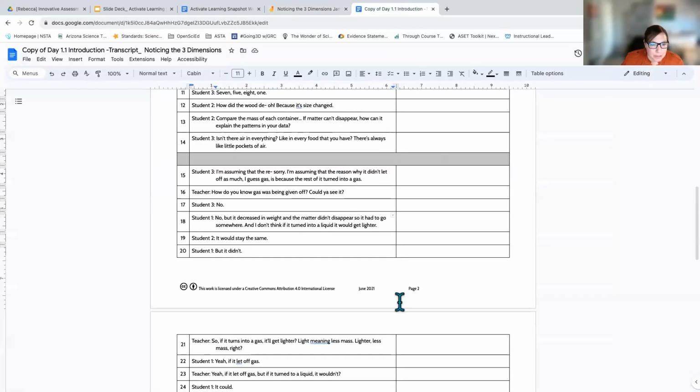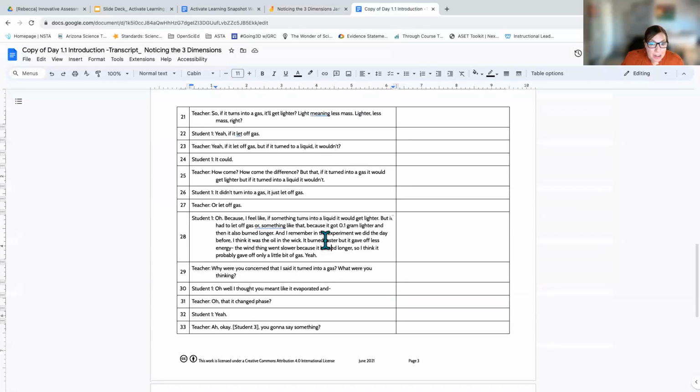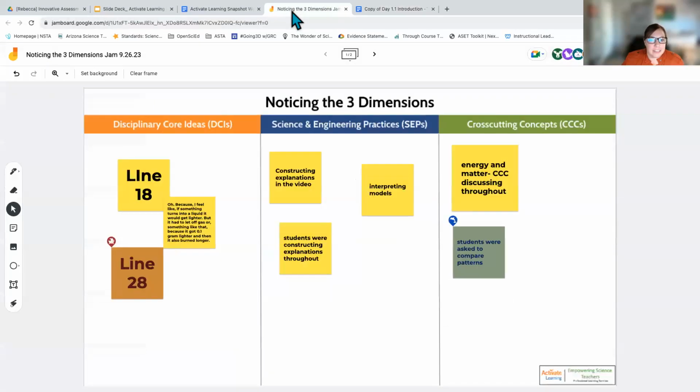Line 28, let's go dive into that one. Oh, I feel like if something turns into a liquid, oh, right, when they talked about 1 gram, 0.1 gram lighter, burned longer. Cool. Okay, we got some patterns and data. That's a cross-cutting concept. We got line 18, line 21, talking about that area. Any other ideas?